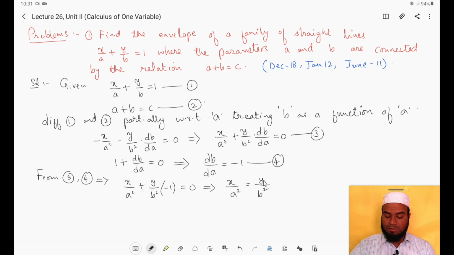So x by a square equals y by b square. Now this can be written as x by a equals y by b, right? So what I am doing here, x by a means x by a square only, and y by b means y by b square only. So these two terms I am writing like this.